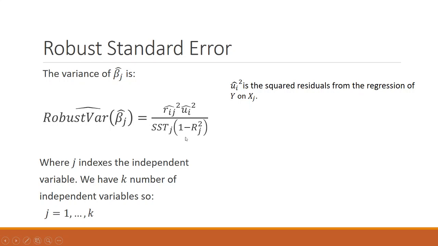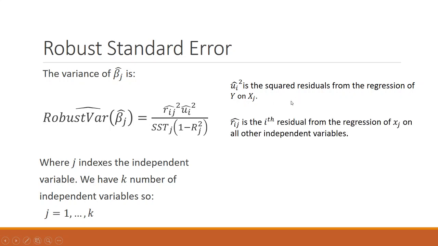Let's break it down. Ui squared is the squared residuals from the regression of y on xj, our independent variable. And then this rij hat is the ith residual from the regression of xj on all other independent variables.